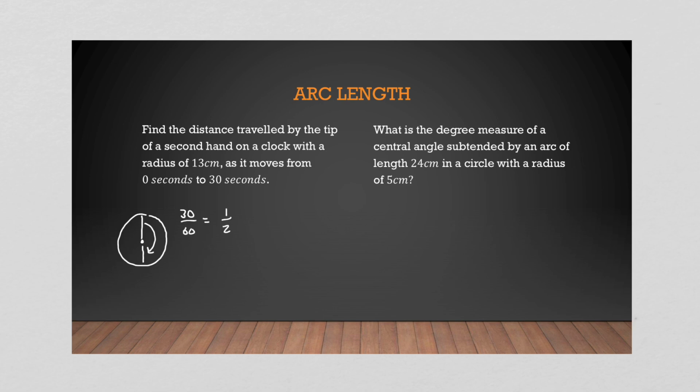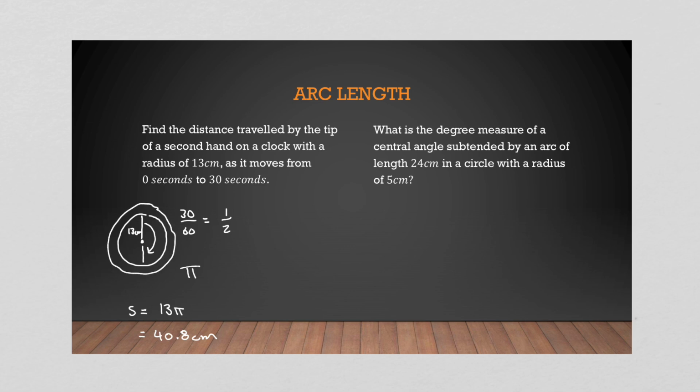And if a full revolution is 2 pi, that means it's traveled pi radians. And the radius of the second hand is 13 centimeters. It's a pretty big clock. So we have everything we need. Our arc length is going to be 13 times pi, which we calculate out at 40.8 centimeters. Done.